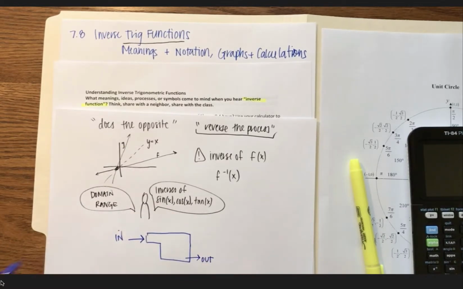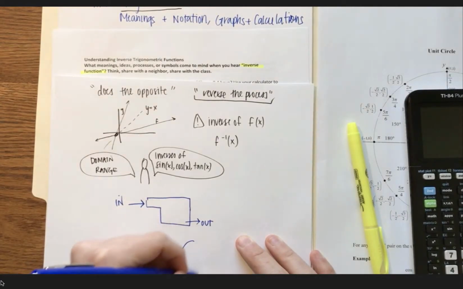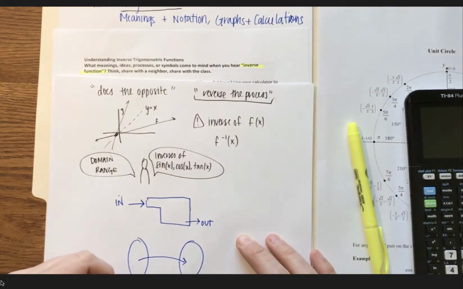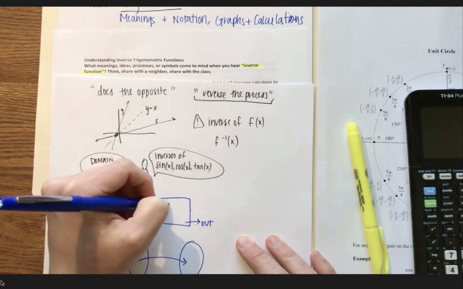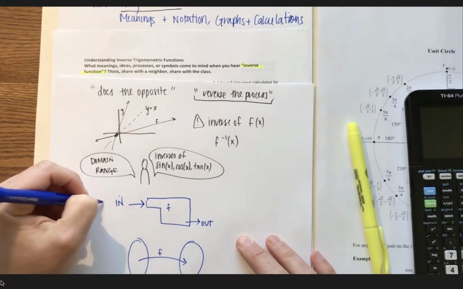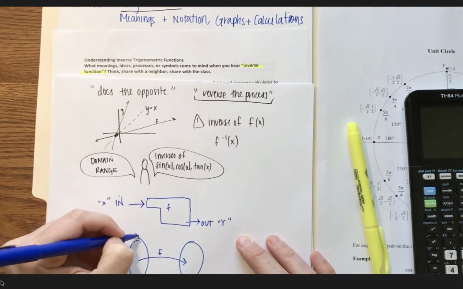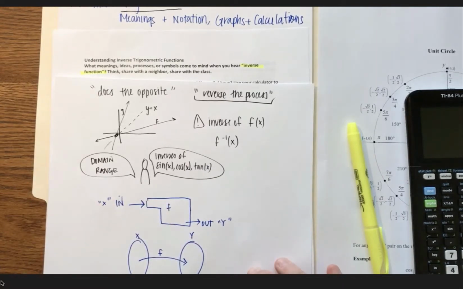That's a function. Sometimes in class we've drawn it with diagrams like this: we have an input and we have an output. So if this is our function f, we take an input of x, we get an output of y. Likewise, these would be our x's, these would be our y's.